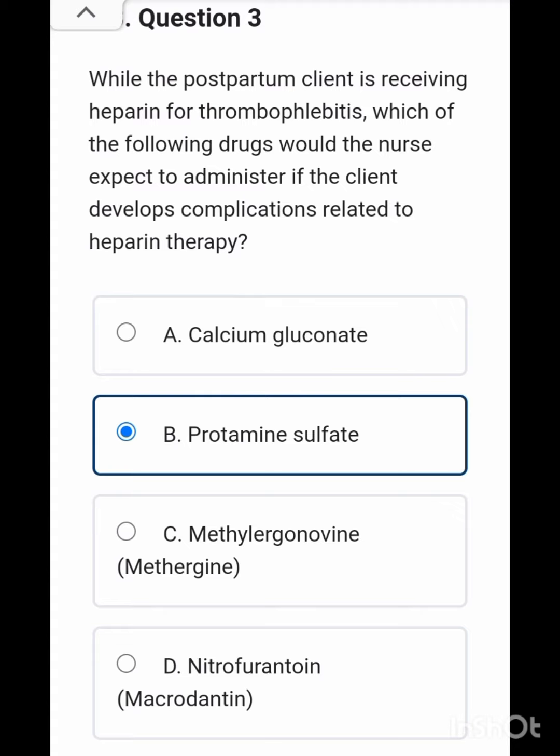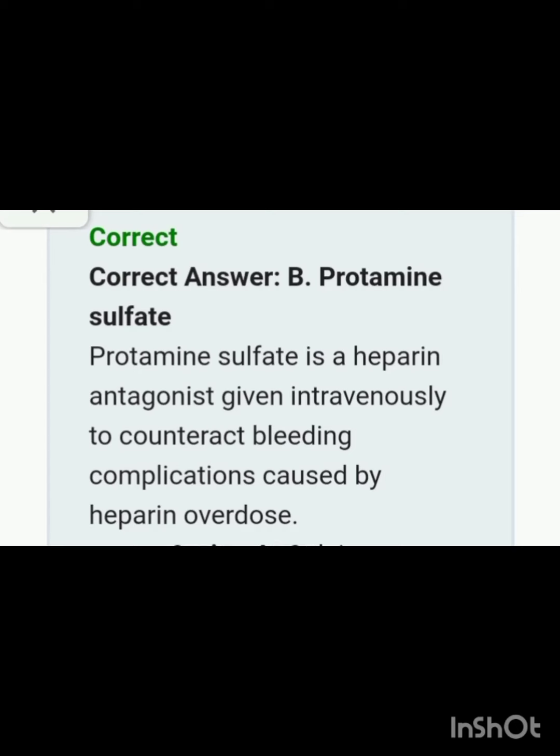So here calcium gluconate is one option, protamine sulfate another option, methylergonovine another option, fourth option is nitrofurantoin. So the correct answer is protamine sulfate. Protamine sulfate is a heparin antagonist. It acts against the heparin.